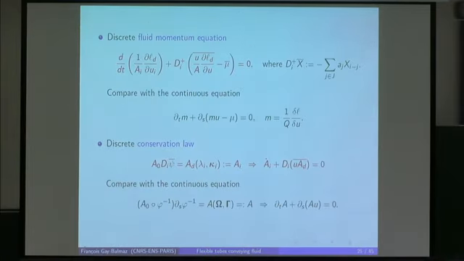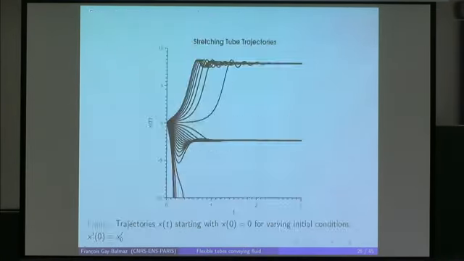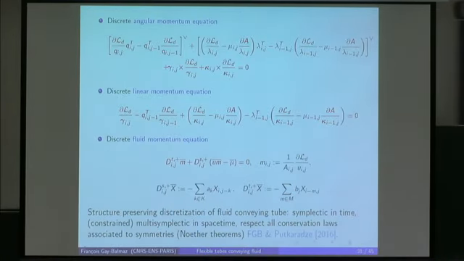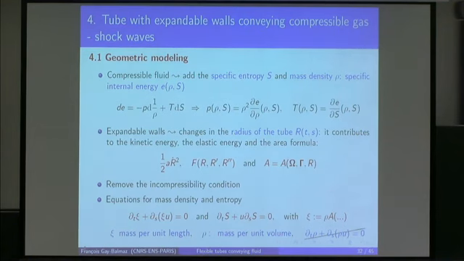So we did this for our problem, but I prefer to now focus on compressible gas. I think it's more interesting for us. There are some complications now, some additional variables, because we assume that the fluid motion inside is compressible. And consistently with this, we also assume that the tube can expand.